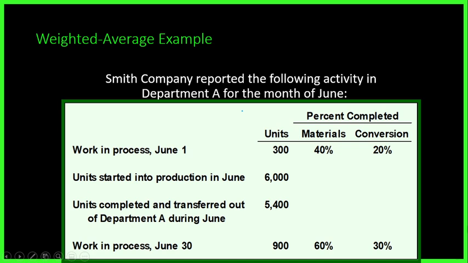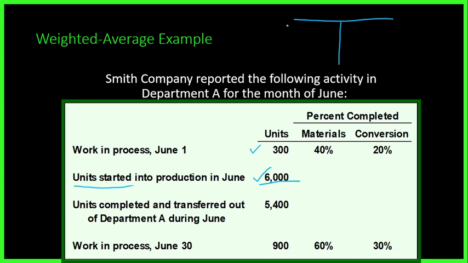Okay, now let's continue. Let's assume that we have the following units produced for the month. We started with 300 units for our beginning inventory, and then you started 6,000 units. So this means that the total units that you can finish for the current period is 6,300. Let's try to write that down.